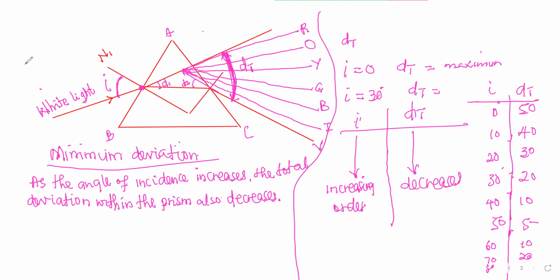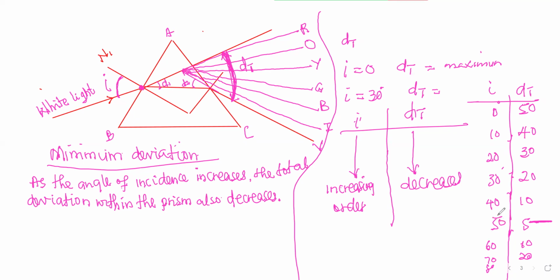You see, as for I, we are increasing it. But the total deviation decreases and gets to 5, I'm just guessing values, gets to 5 and from 5 begins to increase again, even though I is being increased.